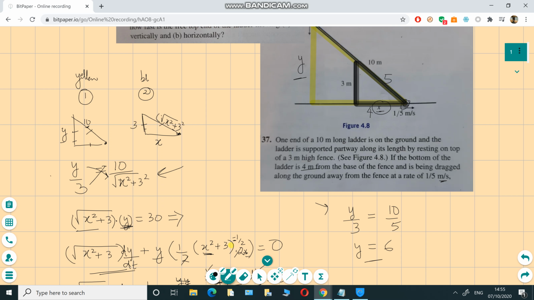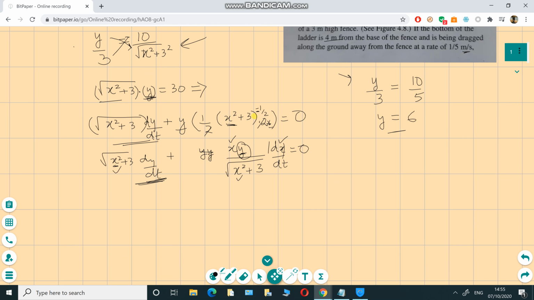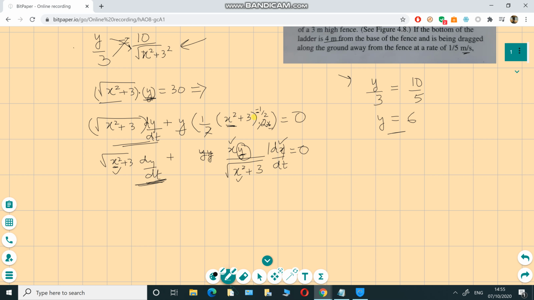And since we get y equals 6, now we have all of the terms, we can plug all of them in, and that should get us the answer. What is x? X is 4. So this 4 squared plus 3 squared, square root of 25, which is 5 dy over dt plus x times y.